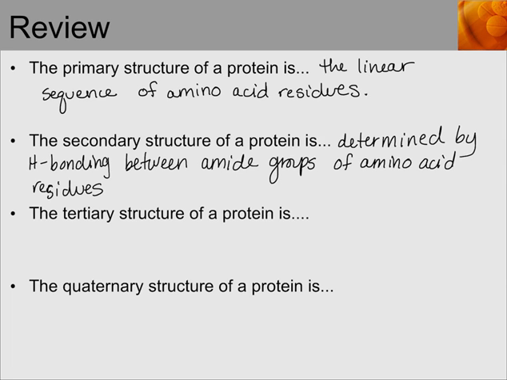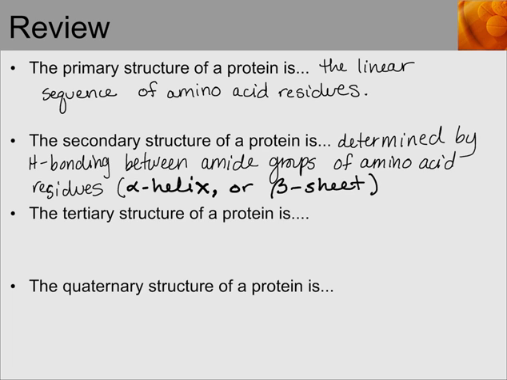Remember, there's 2 types of structures that could form here. You could get an alpha helix or a beta sheet, a beta pleated sheet if you want to use the full name.